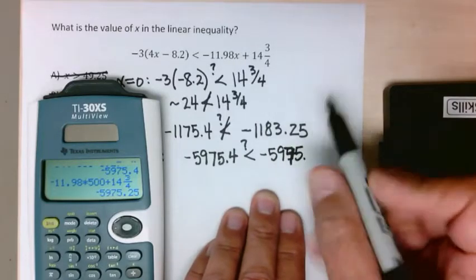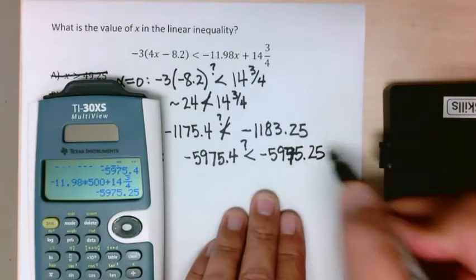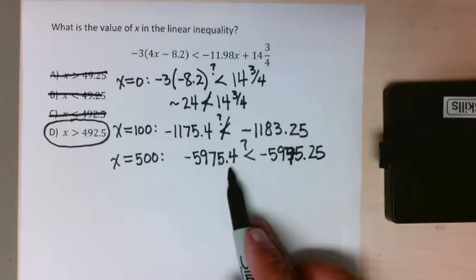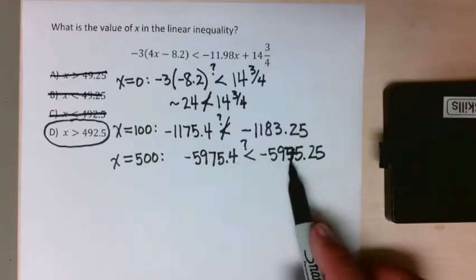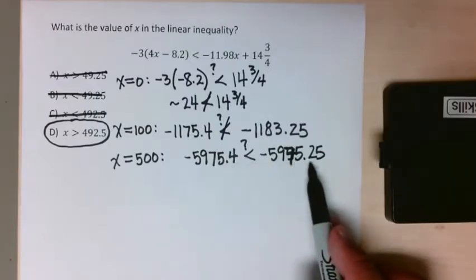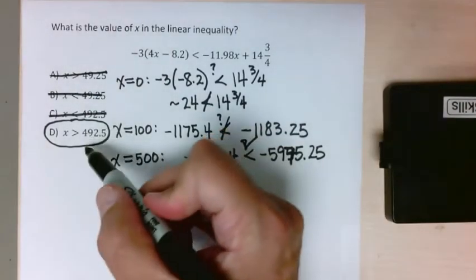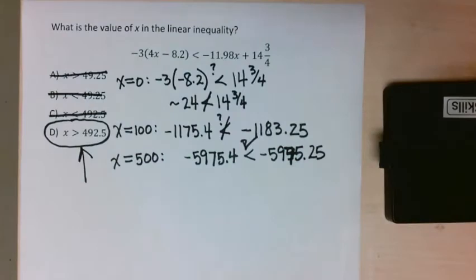I miswrote that earlier. And it turns out that negative 5,975 and 4/10 is less than negative 5,975 and 75/2500ths. This is true. And so therefore now I'm convinced that my inequality answer is x greater than 492 and 5/10.